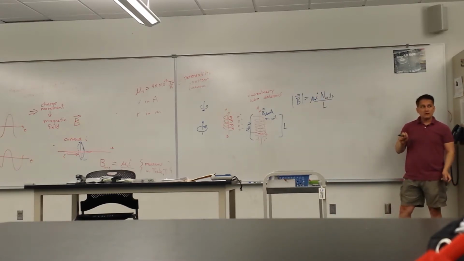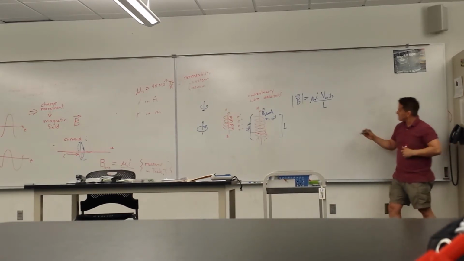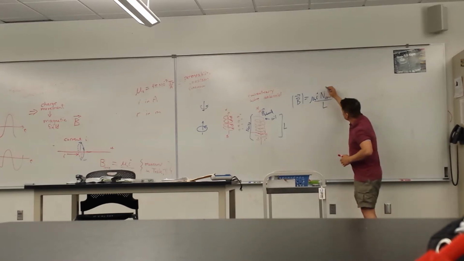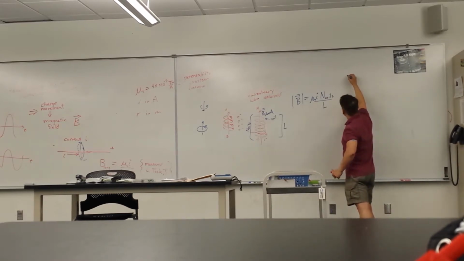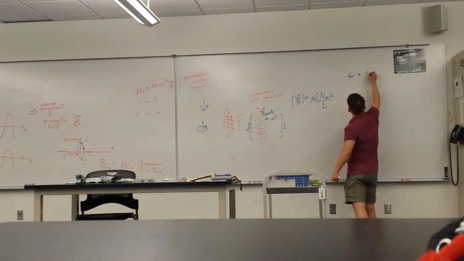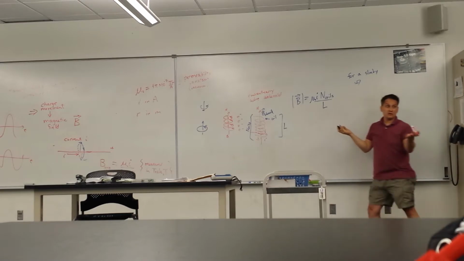Now, here's one of the most fabulous things about this experiment. It's relatively simple. We haven't talked a lot about the next two chapters, so we're stepping ahead a little bit. But think about this for a second. What this tells you is, say you have a slinky with some number of coils.